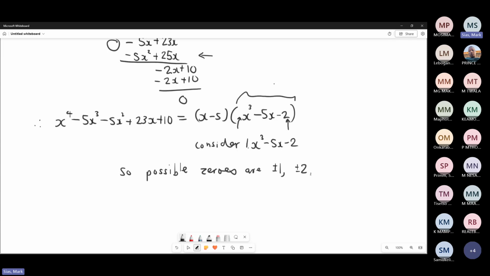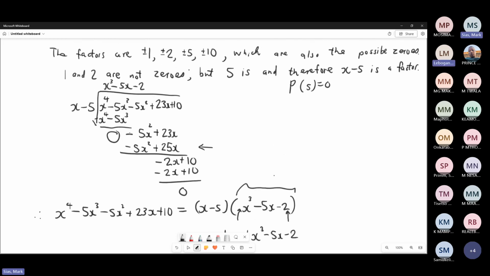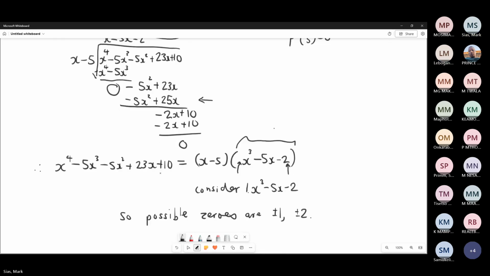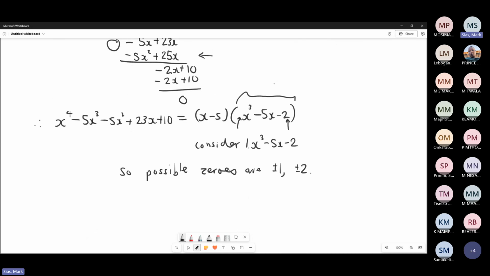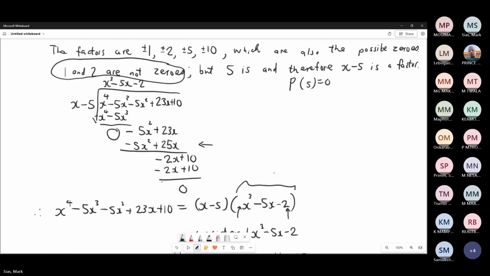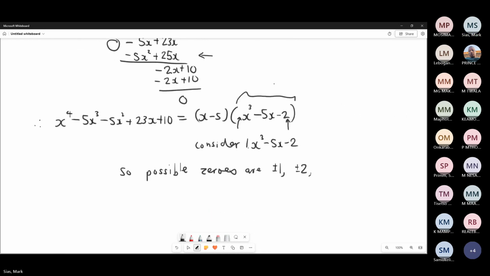And we know already, from our early encounters, that 1 and 2 are not zeros. So we will only consider -1 and -2 and see what happens, okay? So from the above, we know that 1 and 2 are not zeros, right?